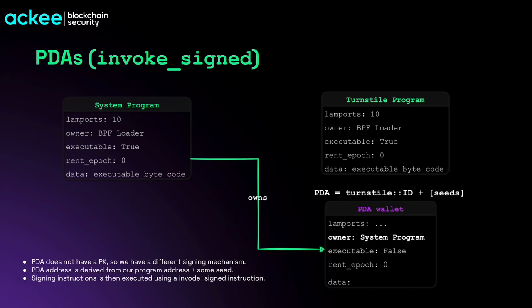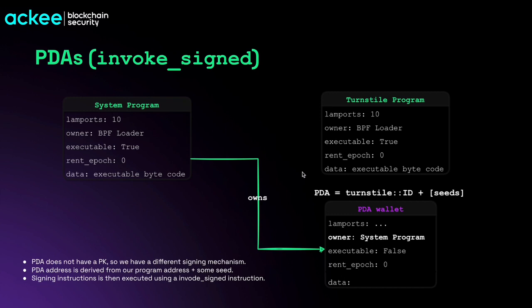PDAs should not have a private key, so we need a different signing mechanism. Why don't we want to have a private key stored directly in our program? That means everyone who can take a look at the source code of our program would be able to know the private key for the account that we're interacting with in our program. So we need a different signing mechanism.